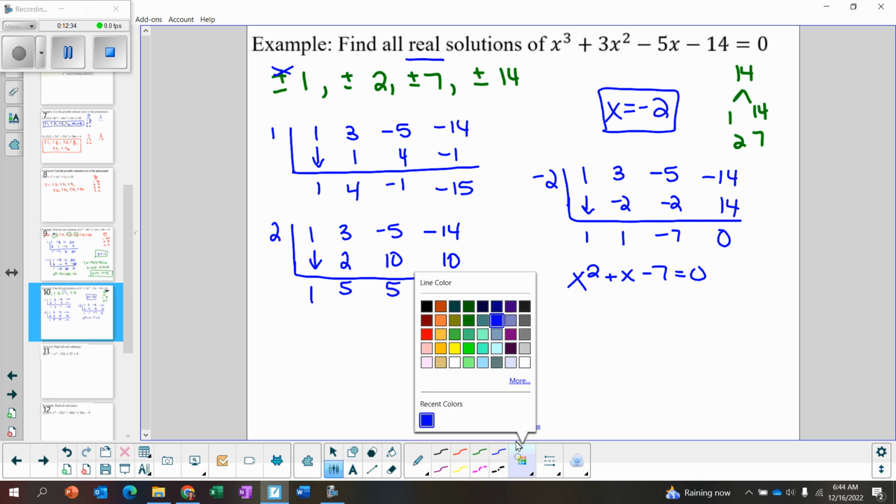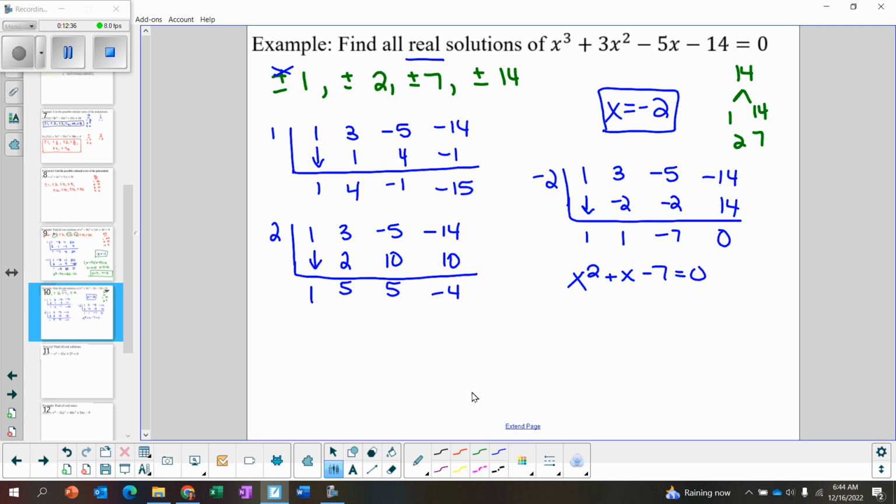So I'm looking for numbers that could have square roots in them. So I'm going to try to do this by the quadratic formula, right? I can't complete the square because b is not even, but I can use the quadratic formula. So remember, our first step is b squared minus 4ac, which was 1 squared minus 4 times 1 times negative 7. So this is 1 plus 28 or 29.